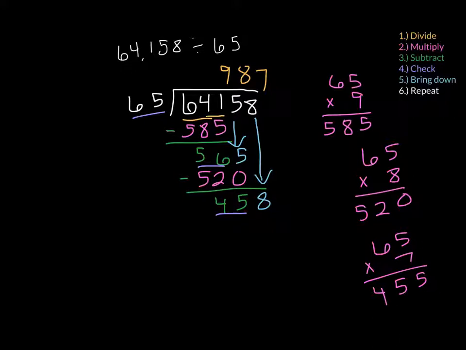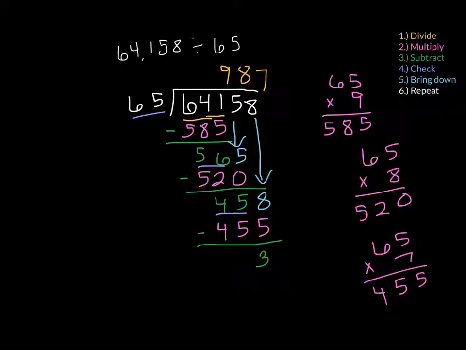That's 455, which is smaller. So 7 was the correct number. And then we subtract, and we have a remainder of 3. That's a remainder because I don't have anything left to bring down.